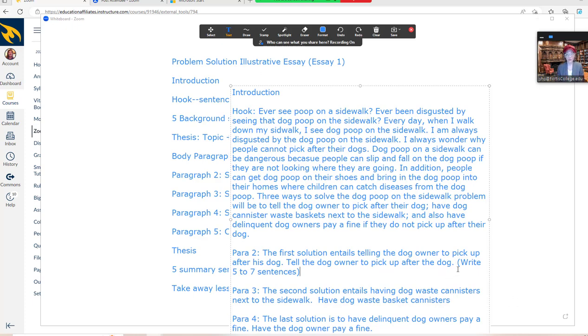There you write 5 to 7 sentences describing the dog waste canister. In other words, you put a kind of waste paper basket, and you also put plastic bags, kind of like in the grocery store, so that the dog owner could get the plastic bag, put the plastic bag around his hand, and then pick up the dog poop, and then put the plastic bag and the dog poop into the waste paper basket.